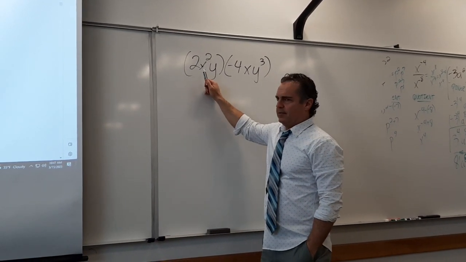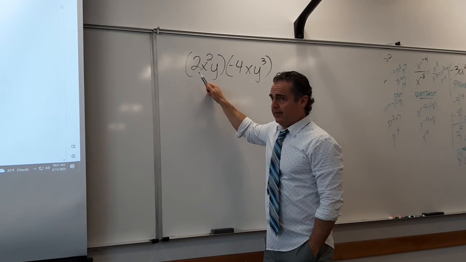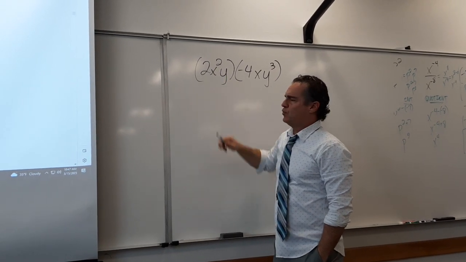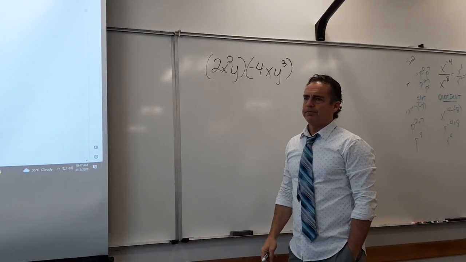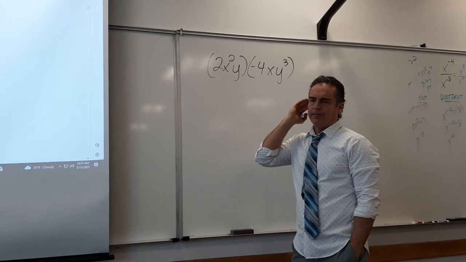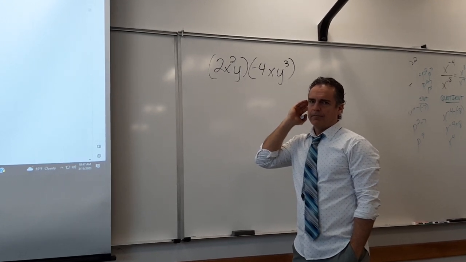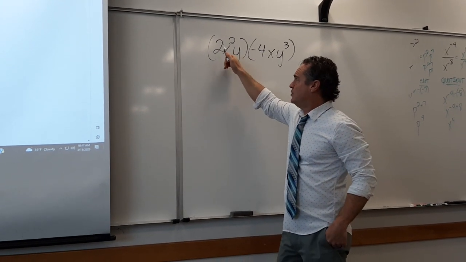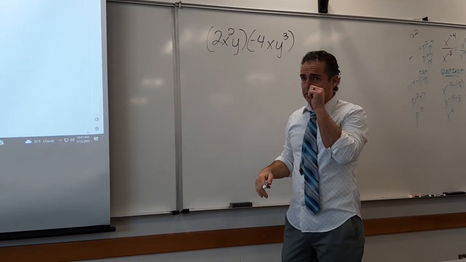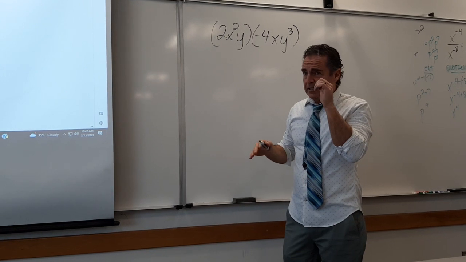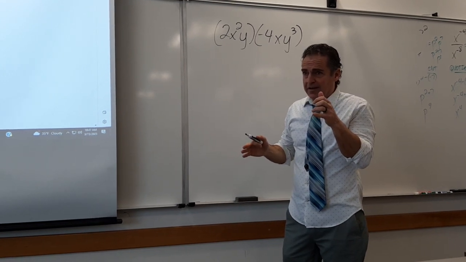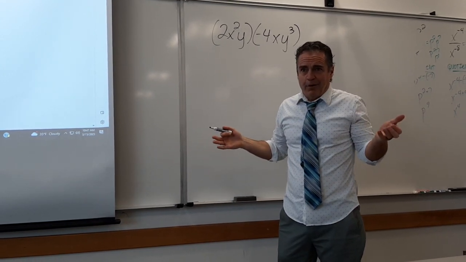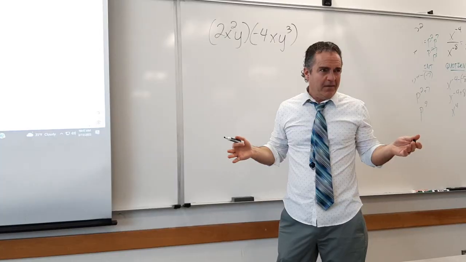What's being written in between the 2 and the x squared? Say it loud. Literally, what is being written in between the 2 and the x squared? Literally. Nothing. Right? Nothing's being written in between them.